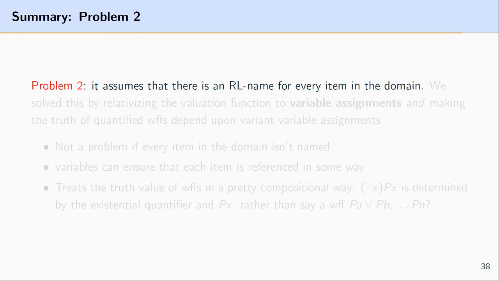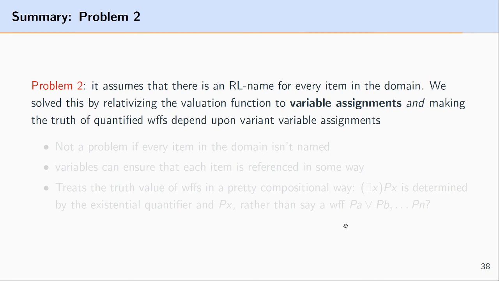The second problem was that the predicate language assumed that there was a name for every item. So if we had an infinite number of items in the domain, there's this assumption that every single one of them is named.